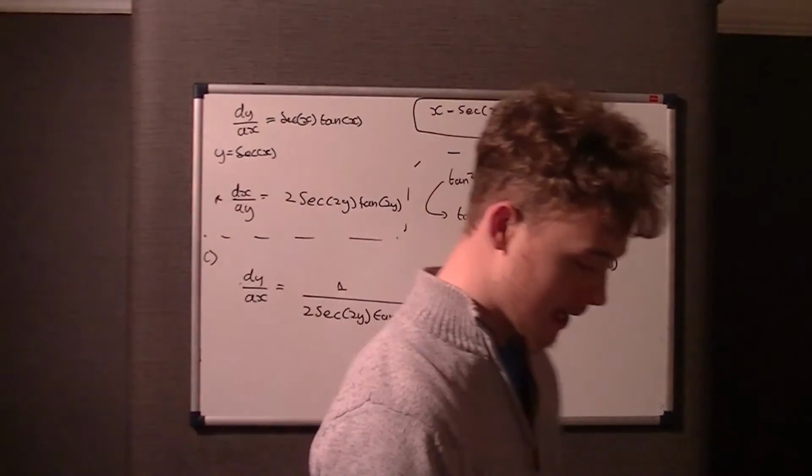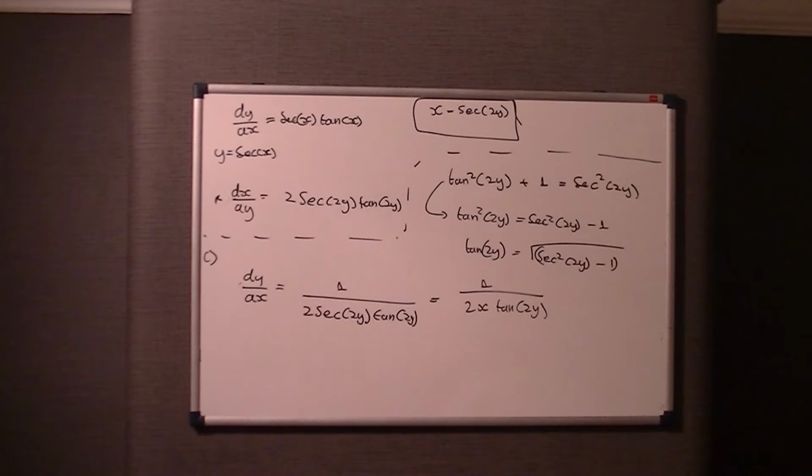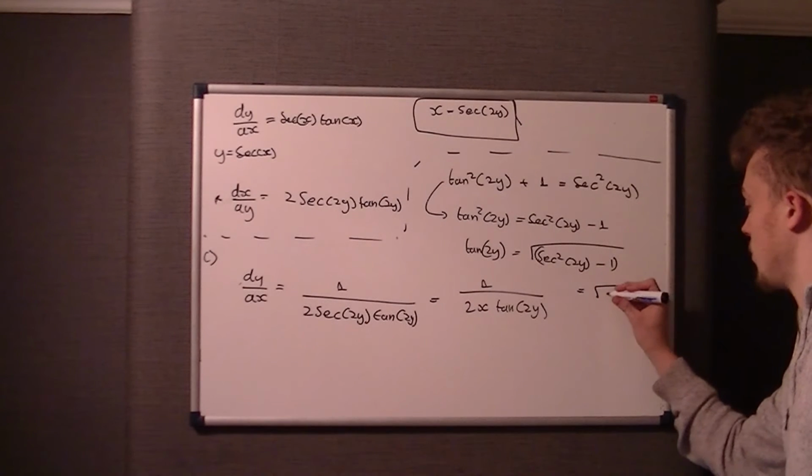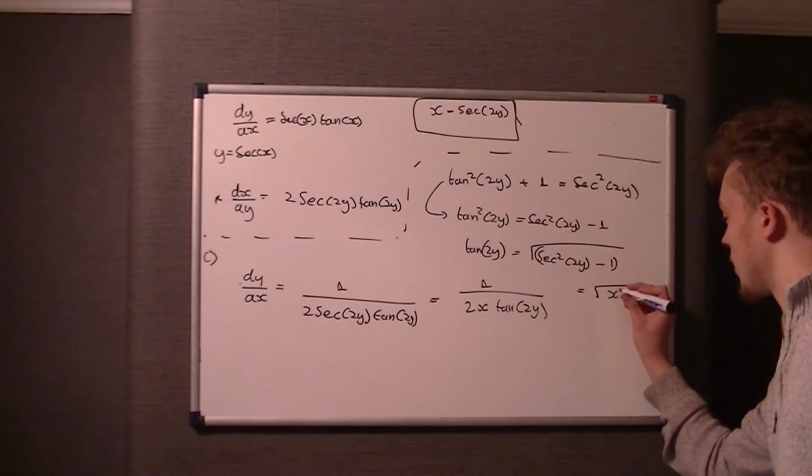And we know that sec 2y is equal to x, okay? So if sec 2y is equal to x, therefore we just sub in x to this equation. So therefore tan 2y is the square root of x squared take 1.